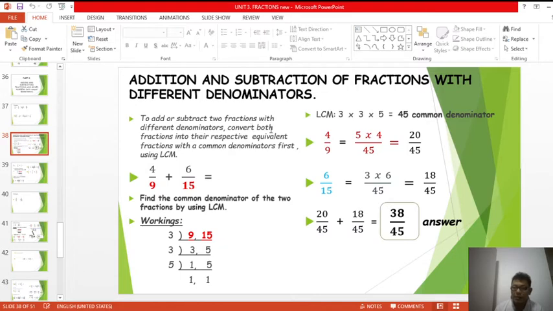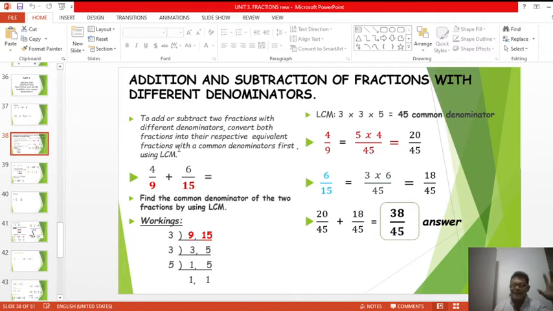Convert both fractions into their respective equivalent fractions. We learned equivalent fractions in the previous videos, if I'm not wrong in part 1 of our video, so you can go back to that if you can't recall and learn more.